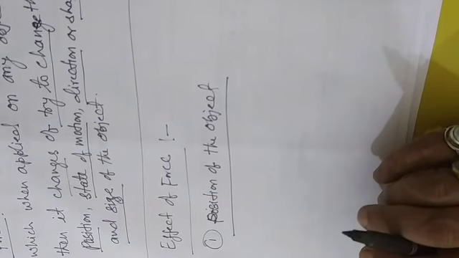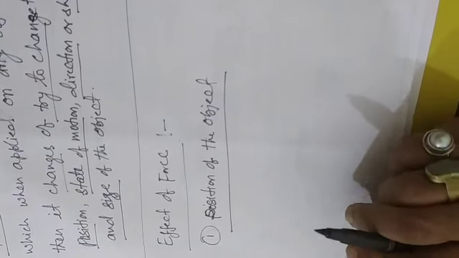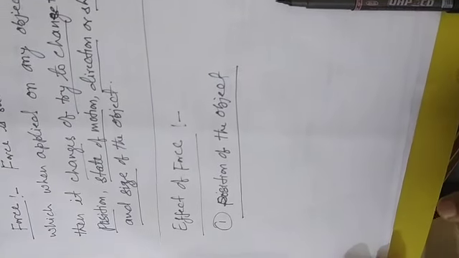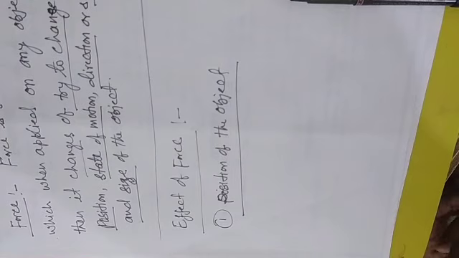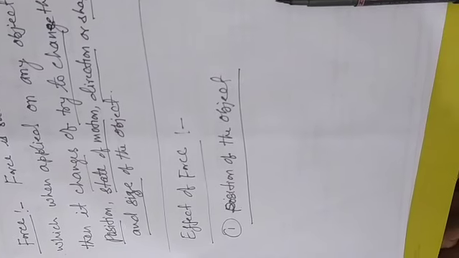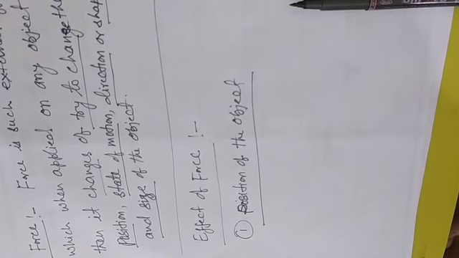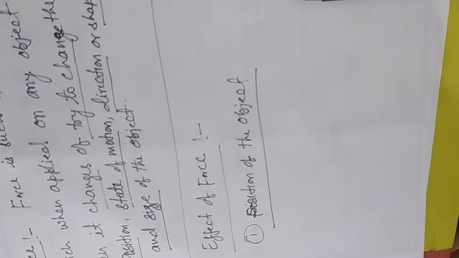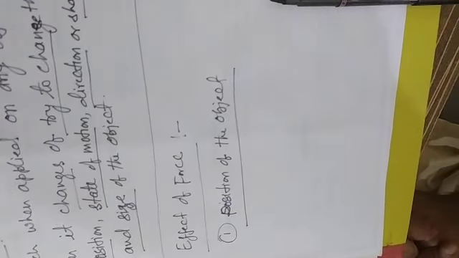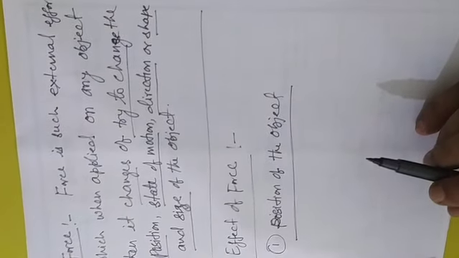Suppose you are applying the force on the table placed in your house. Then it may be possible that the table displaces from one place to another place by the force applied by you. But if you are trying to displace a heavy almirah or heavy box, means trunk, which is placed in your house, then in that situation it may not change its position.